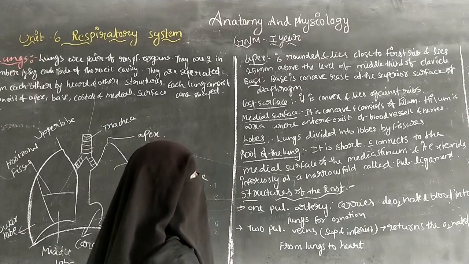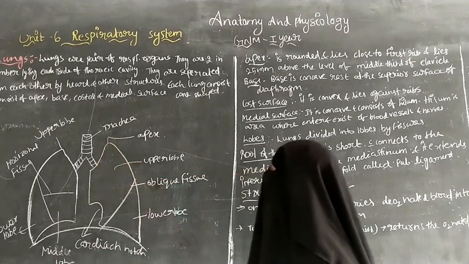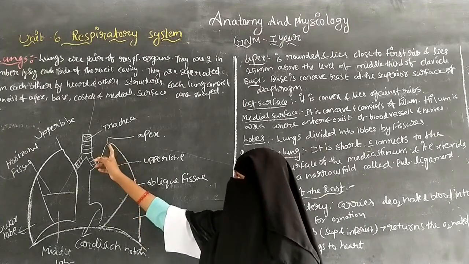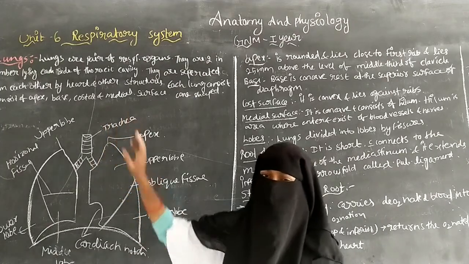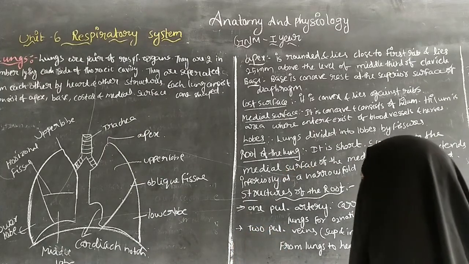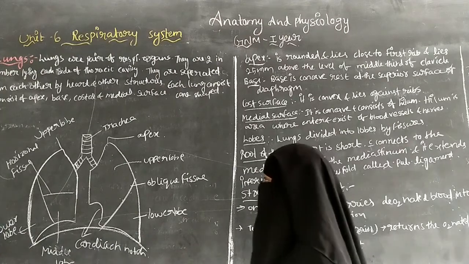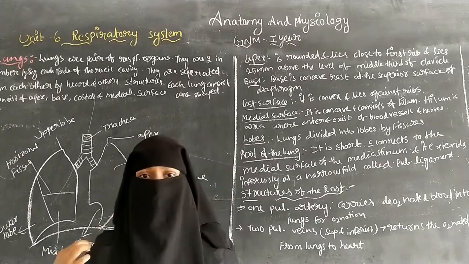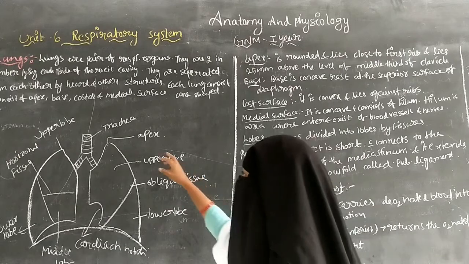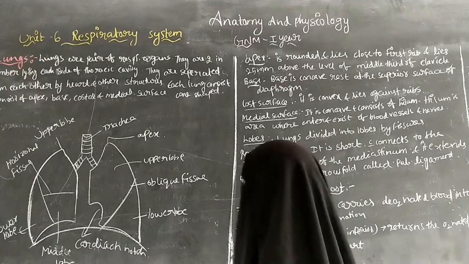The clavicle is situated between the shoulder and the sternum. The apex of the lung is rounded and lies very close to the first rib.